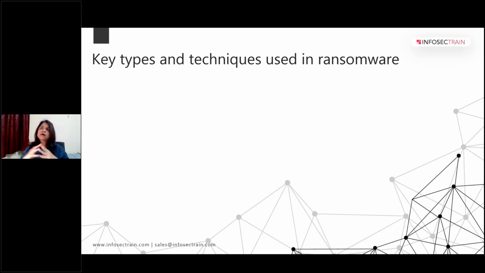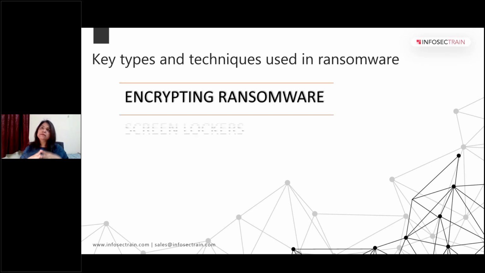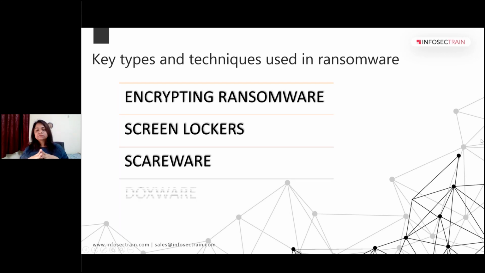Though there are many variants like we discussed, majorly they are categorized into four types. And out of these four types, again, the two are primarily used. First is your encrypting ransomware.